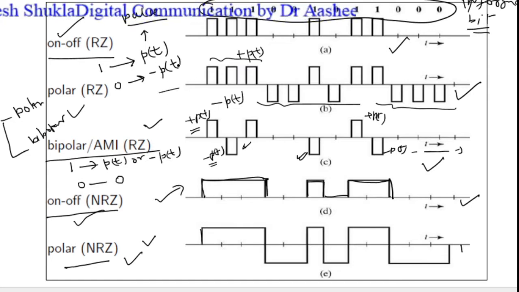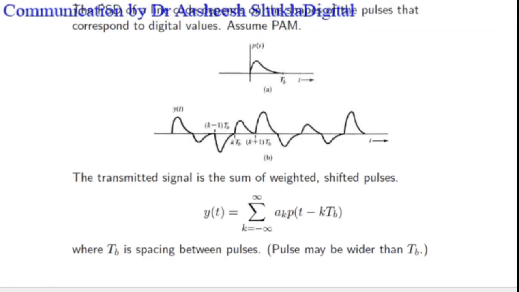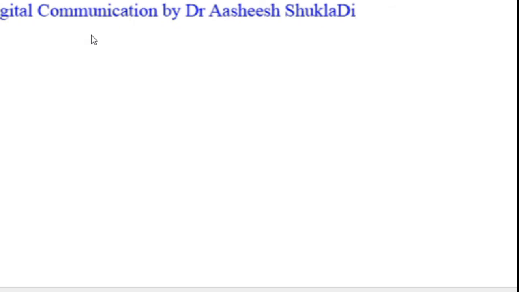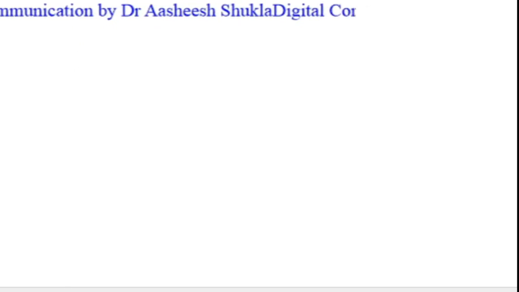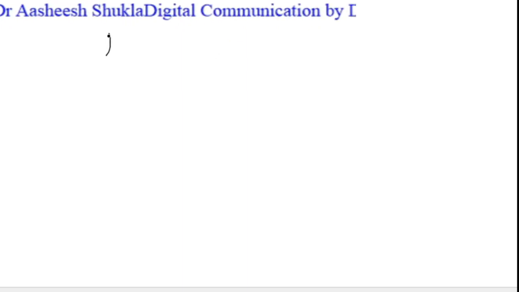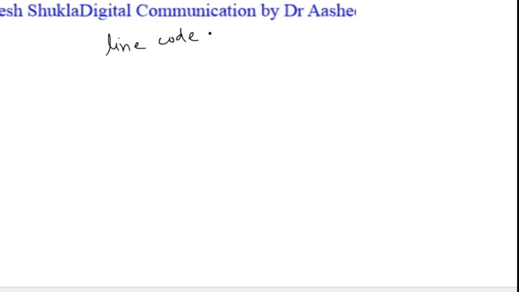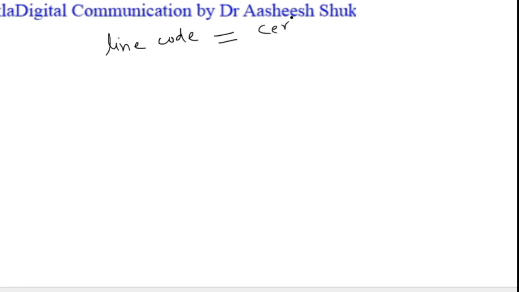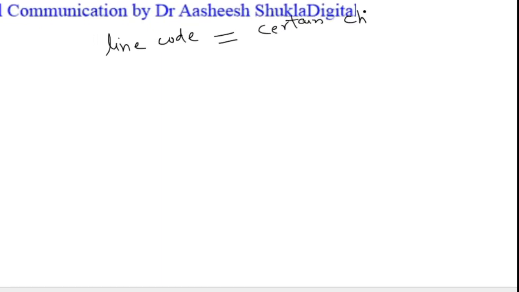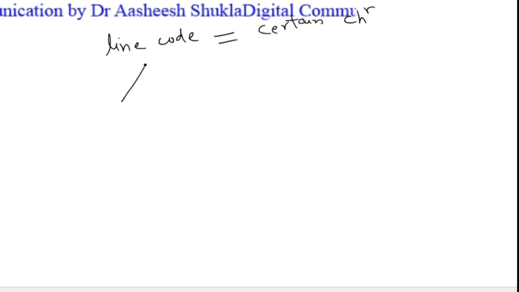Now we can extend our discussion to the slide where we want to analyze the power spectral density of a particular line code. Why do we want to do so? Because I have already told you that a particular line code has certain characteristics, and we have different types of line codes.